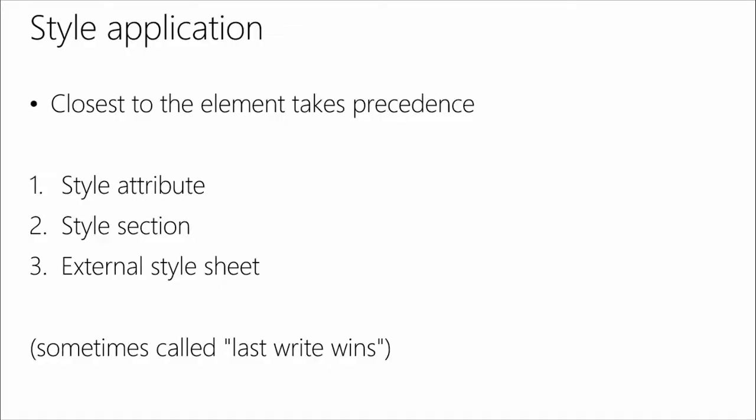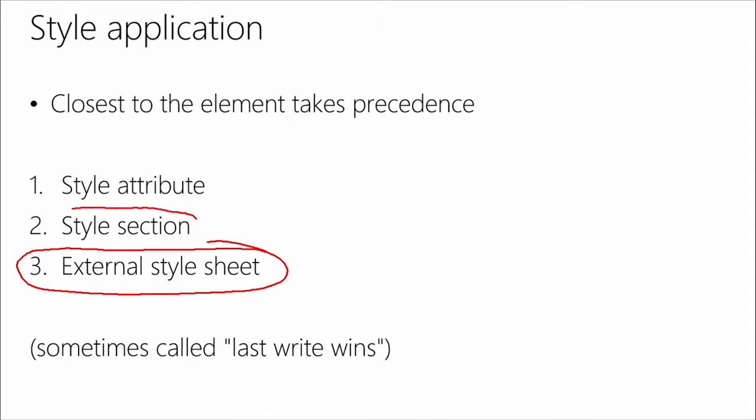So the question then becomes, all right, what about inside of a conflict? Well, step 1, last right wins. And everything is going to be applied in order. So the first thing that's actually going to be applied, and it's reverse on my slide because I was trying to show whatever the most powerful was, is the external style sheet.